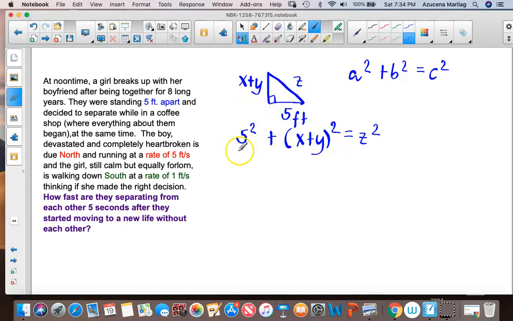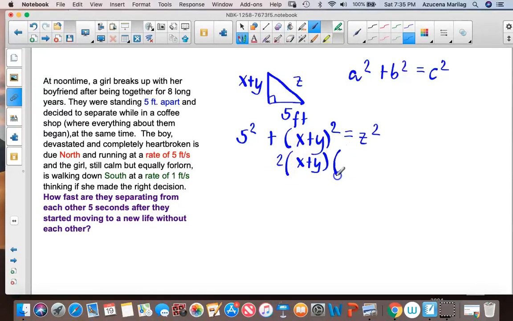Okay, so we're going to apply now implicit differentiation in order to find our unknown. So this is a constant, so its derivative will definitely become a 0, so there's no need to write it down. We're gonna use implicit differentiation for this expression, and it's gonna become 2 times X plus Y. This exponent here comes down.